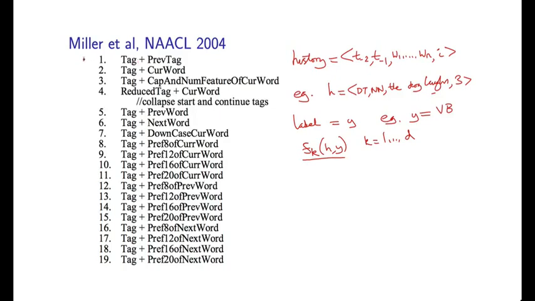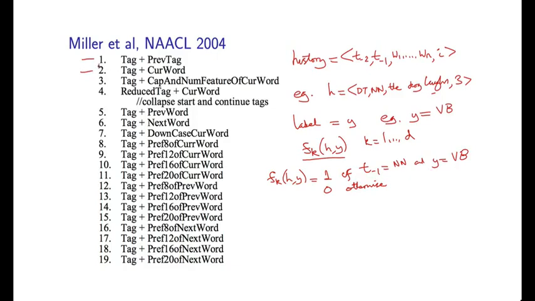So they use features like the tag and the previous tag. This would be a fairly standard feature, something like the following: f_k(h, y) equals 1 if t minus 1 equals NN and y equals VB. And so you would have many features of this form. This would be 0 otherwise, looking at all possible pairs of tags.